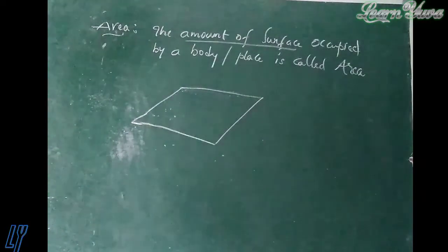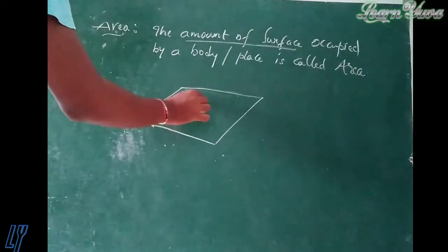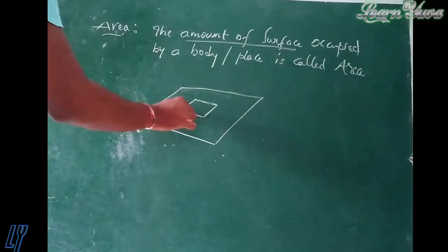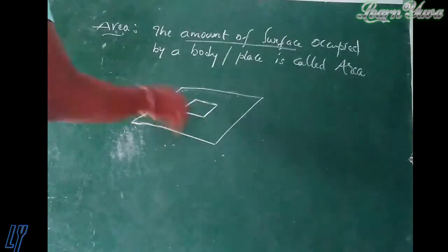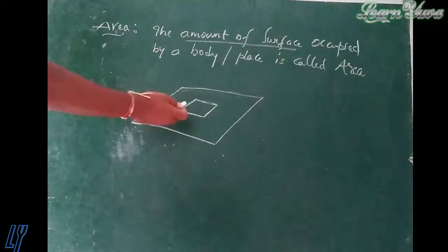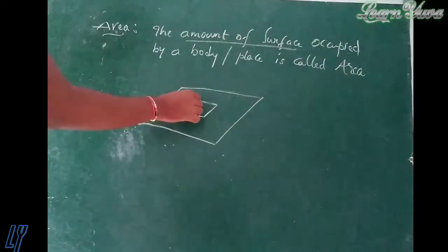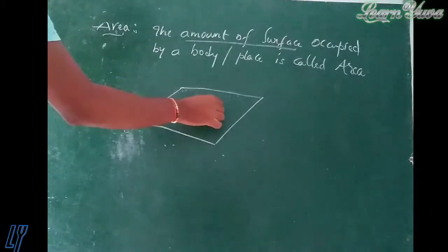Suppose it is the floor. Let us assume I have a body, and I place that body on the surface. So how much surface is occupied by this body is known as the area.